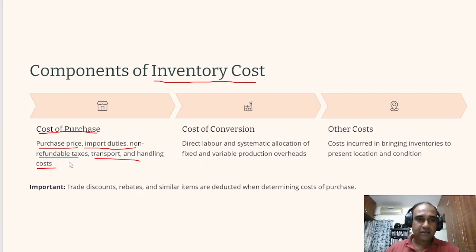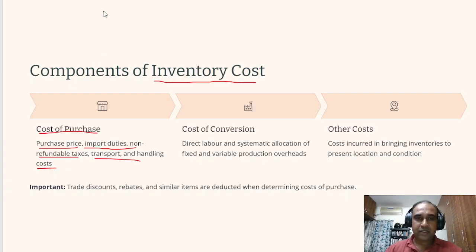Import duties, if they are non-refundable in nature, we discussed about if the materials are procured along with GST and we can claim the GST input credit. So in that case, the GST will not be added to the cost.